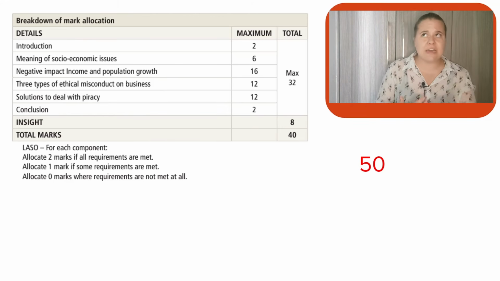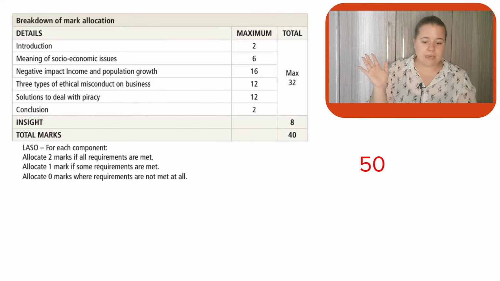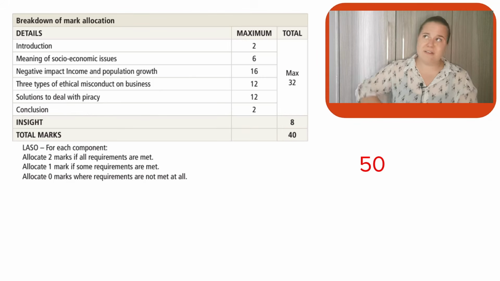That's why I encourage and I stress with my learners, if you know more, please write more. If you know more, write more. Absolutely. If you have forgotten the meaning of socioeconomic issues, write something there. But if you know so much about the solutions to deal with piracy, write everything you know. Because remember, the solutions to piracy, I'm submaxing it at 12, which means I must mark until I've reached my 12 marks.